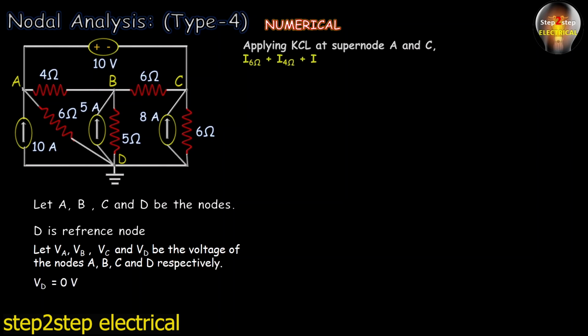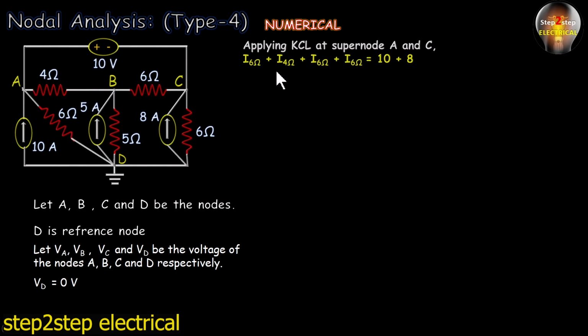We will apply KCL at super node A and C. For node A, 6 ohm and 4 ohm are connected with this node A, while 6 ohm and 6 ohm are the resistors which are connected with node C. So we can easily write this one. And the total current at node A and at node C is 10 plus 8, which is equal to 18 ampere.